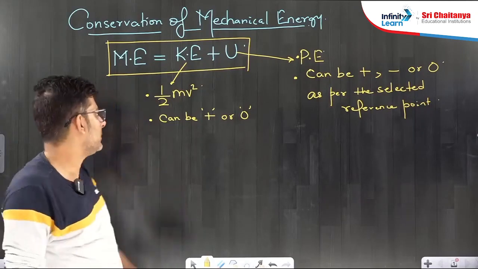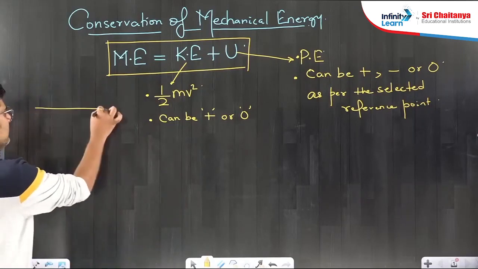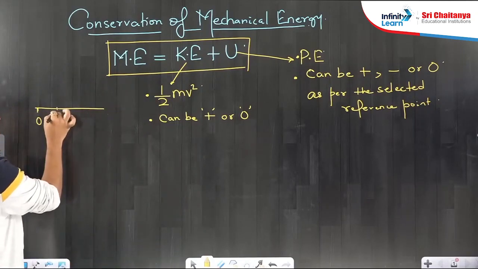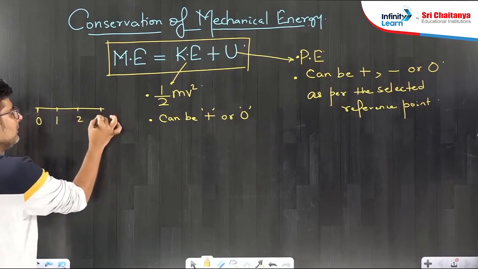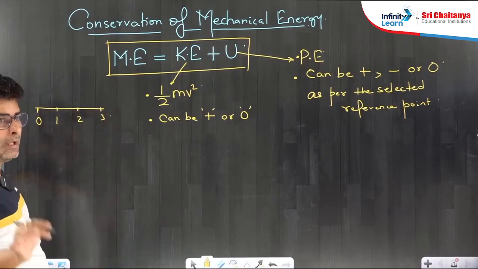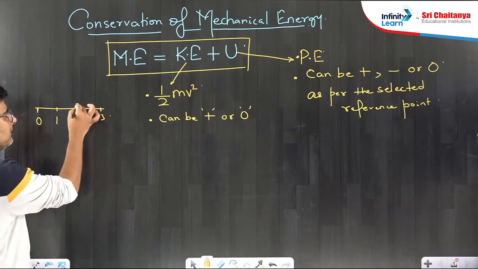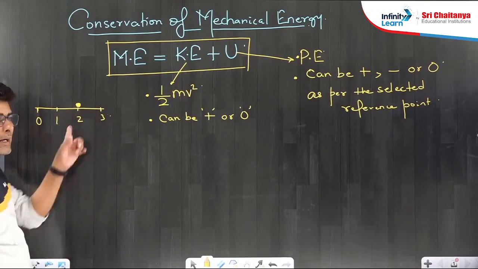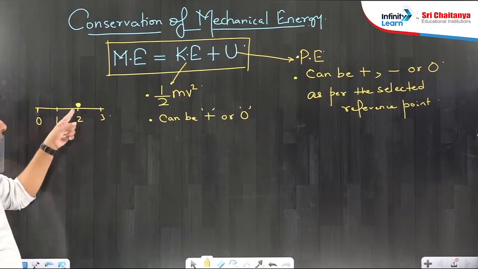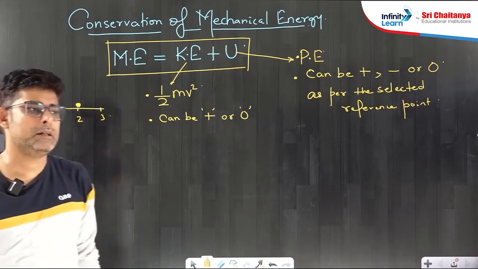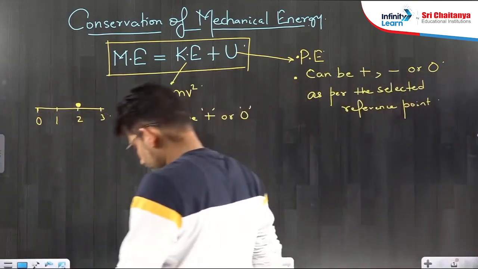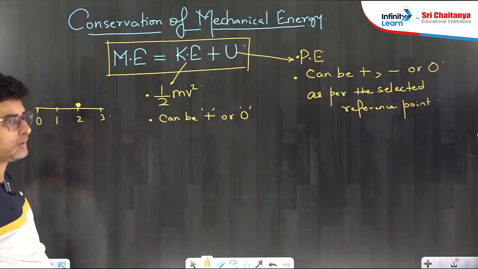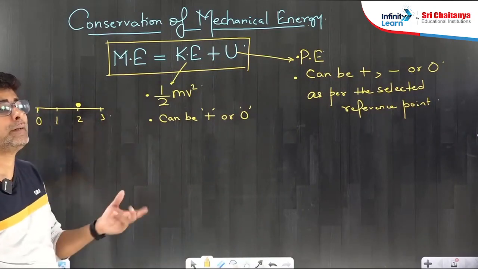For example, suppose there is a scale, and this is the 0 centimeter mark, this is the 1 centimeter mark, this is 2, this is 3, and one particle is placed here. Now if I ask you what is the position of the particle, you cannot say, because I did not mention with respect to what.